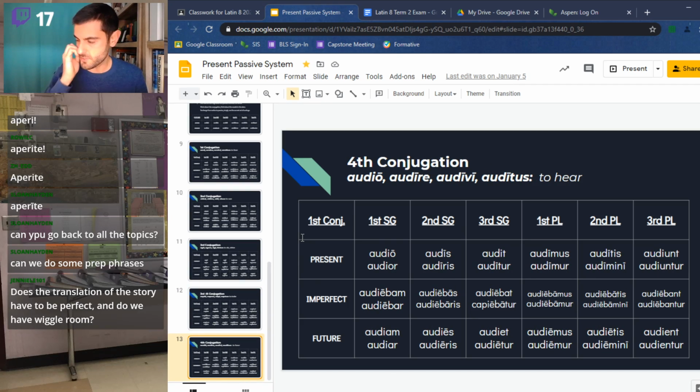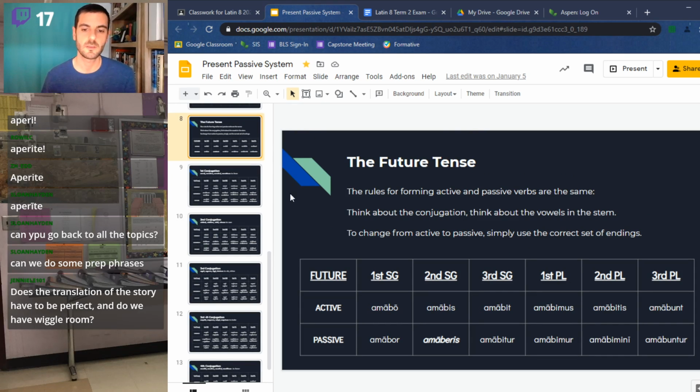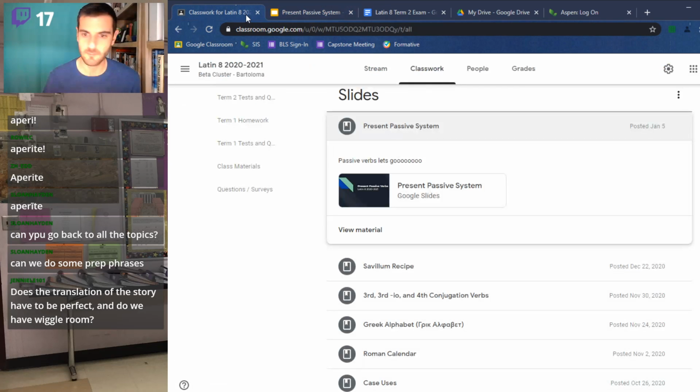Jenny asked an excellent question. Does the translation of the story have to be perfect, or is there wiggle room? There is, of course, wiggle room, and I will do everything in my power to give you any and all partial credit that I think you have earned. With that said, it needs to be a good, solid attempt at a translation.